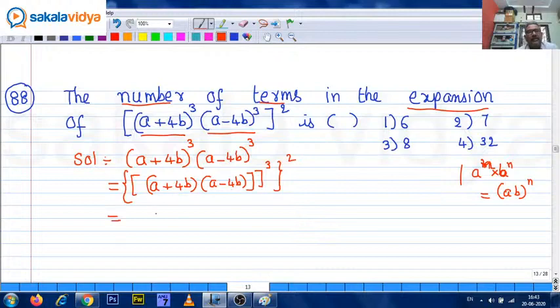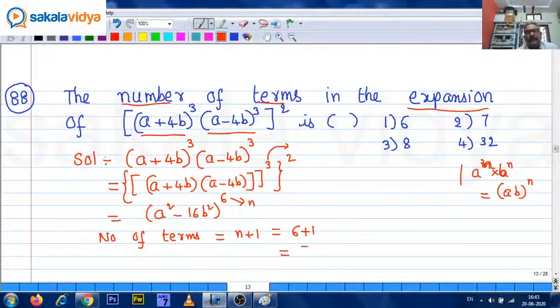This is a plus b into a minus b, so we can write a square minus 16b square whole to the power of 3 into 2, that is 6. It's a binomial, so a square minus 16b square whole to the power of 6. Therefore number of terms, being a binomial, is n plus 1. Here n is 6, 6 plus 1 we get 7 terms. Second option is the right option.